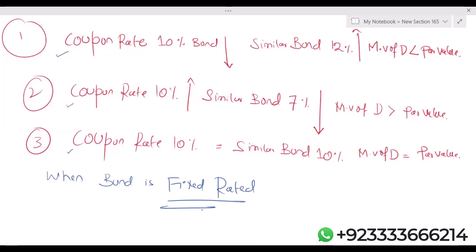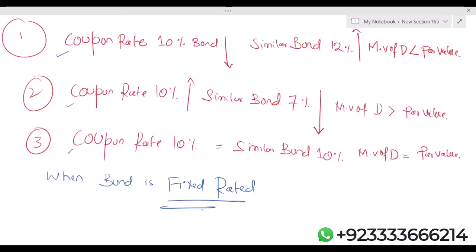Variable interest rate means whatever the market interest rate is, you will pay the same. If you have issued a bond with a variable interest rate, then par value and market value will always be equal. Why? Because variable interest rate means you are saying, I'll pay the same interest rate which is in the market. So your debt holder will not have any advantage, and will not have any disadvantage.